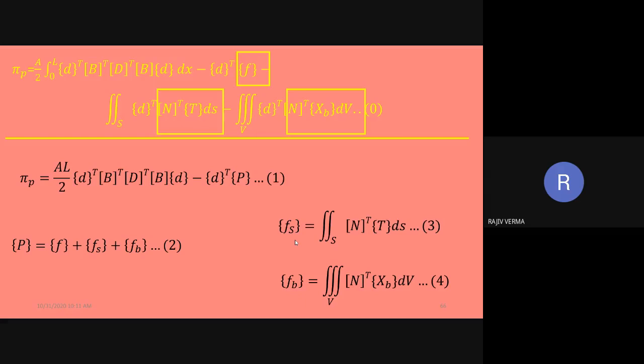So this is how equation number 3 and equation number 4 are going to be of immense advantage to us. And obviously all the three forces acting on the element, that is the point forces, body forces and the surface forces, collectively are represented by capital P, given in equation number 2.